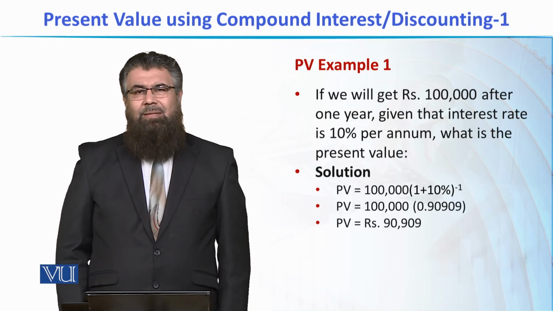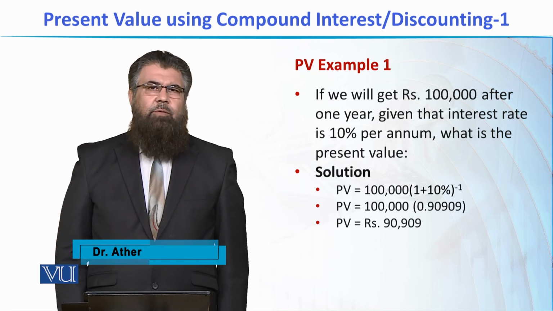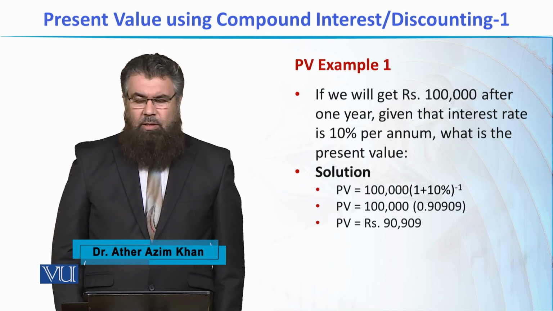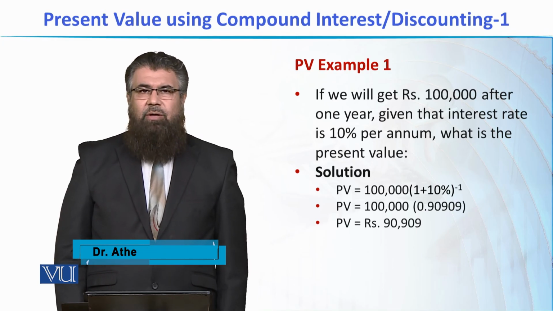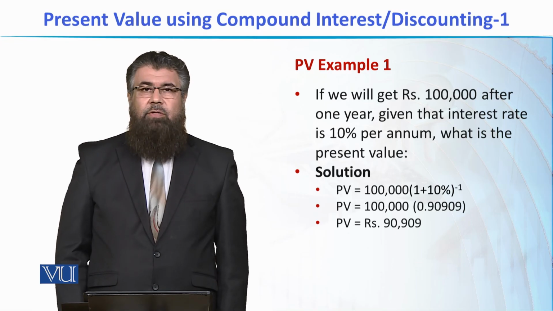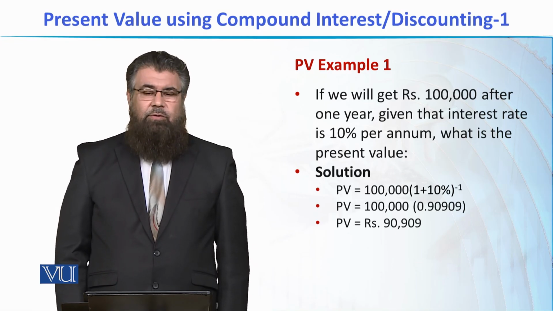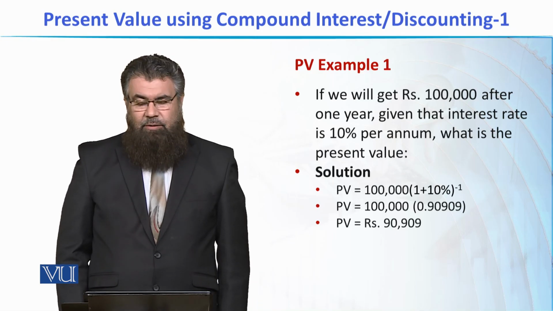If I have a look at this example, I see that there is an amount given to us in the future, the future value 100,000, and the time period of 1 year, and the rate of interest, which is an annual rate of interest. So the two are synchronized. So we can apply the formula of present value calculations and we can get the answer.